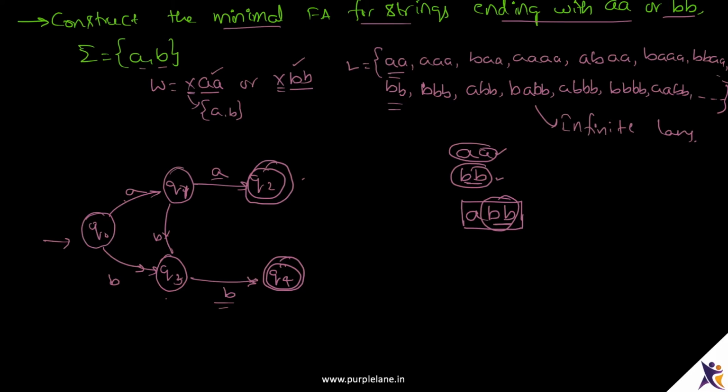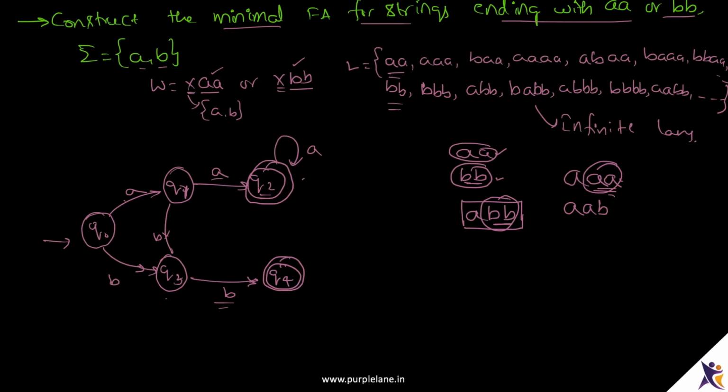Now Q1 is complete. At Q2 we don't have a transition over A or B. How did we reach Q2? On seeing AA. So if we see an A at Q2, we will still be accepting this string because it is ending with AA, right? So we will be in Q2 itself on seeing A. What if we see a B at Q2?